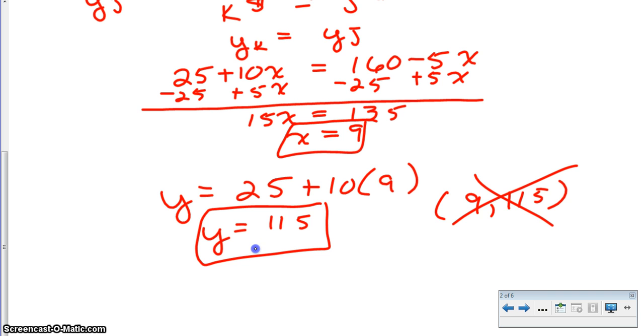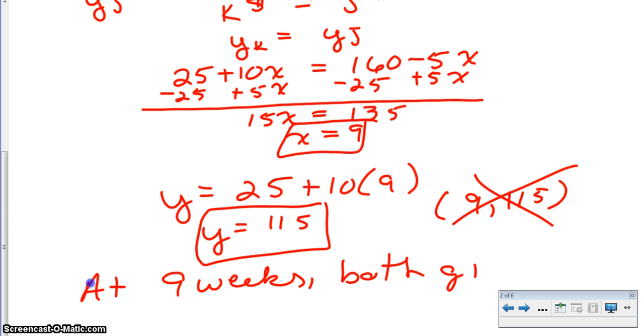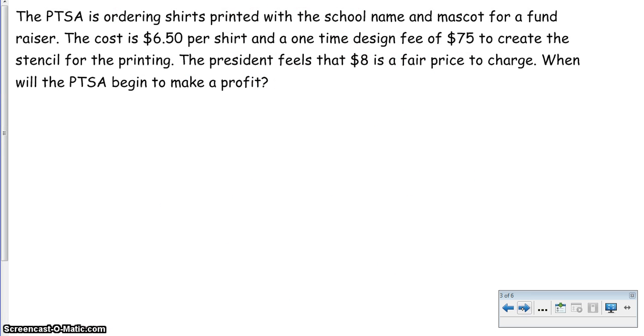A word problem requires a word solution. And that is at 9 weeks, both girls will have $115.